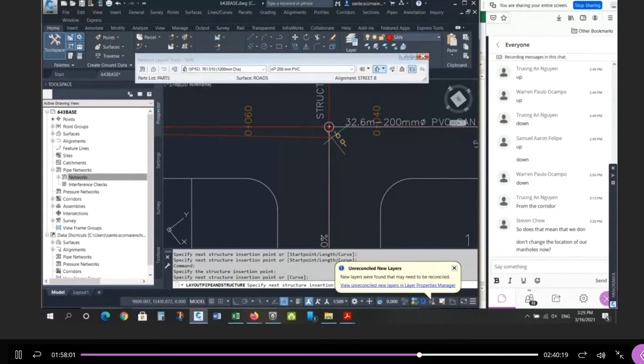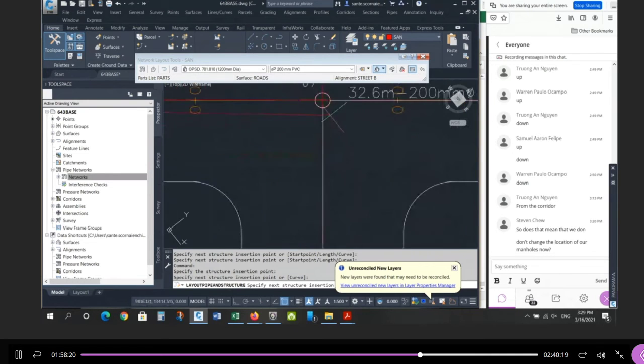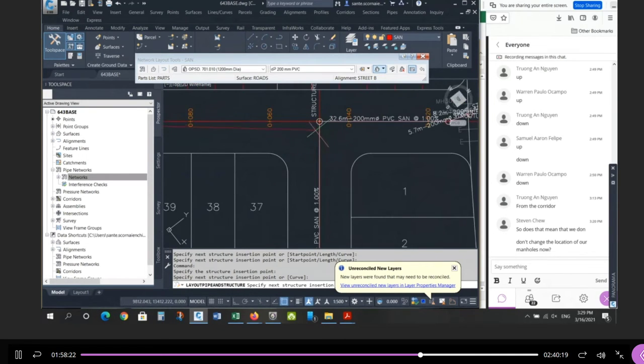It's going to connect to the structure. So instead of creating another maintenance hole, it knows there's a maintenance hole there. I don't want to have two maintenance holes on top of each other digitally. I only want one. So when you see that indication, you know it's going to connect to the structure. Okay. So make sure you connect to the structure.